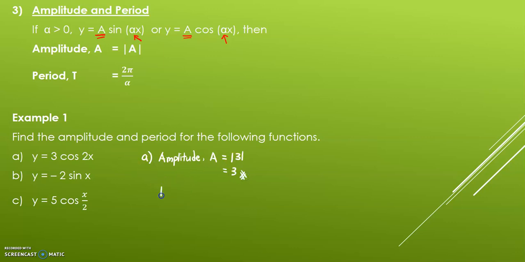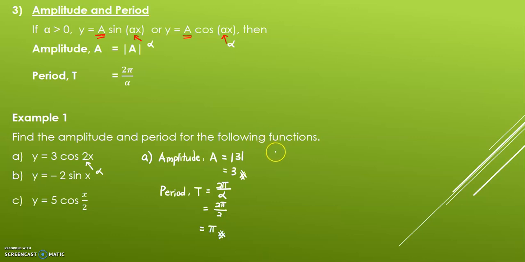Whereas for the period, or the symbol T, the formula is 2 pi over alpha. Alpha is the value in front of x, or coefficient of x. So based on this, our alpha will be 2. So it means 2 pi over 2, so here is pi.